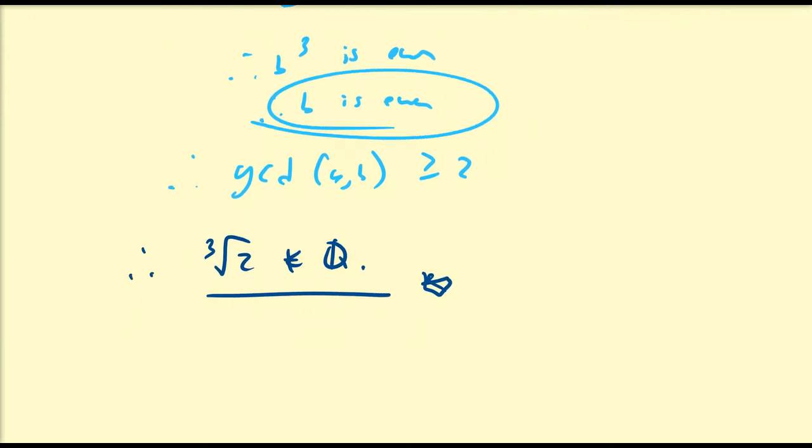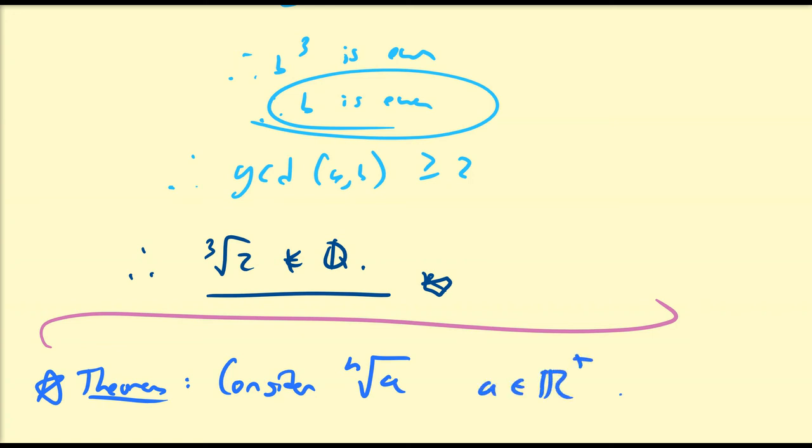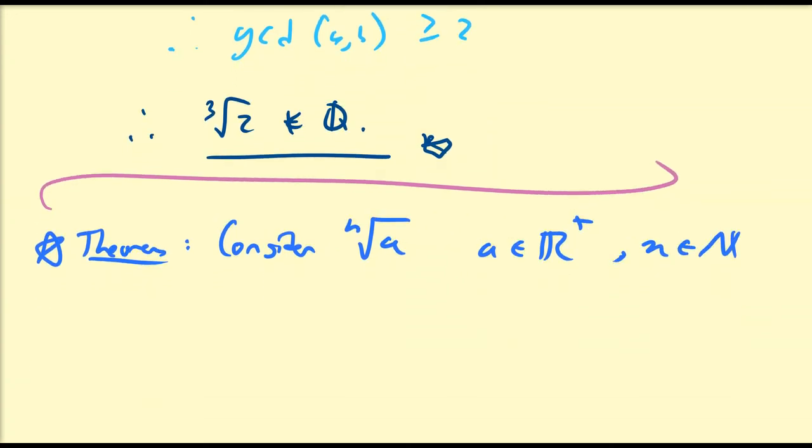All right, so you may start to see that proving the general case for radicals is actually not dramatically difficult. So here's the general theorem. We're going to consider the nth root of a, where a is a positive real number and n is a natural number, so starting at 1, 2, 3, and so on.